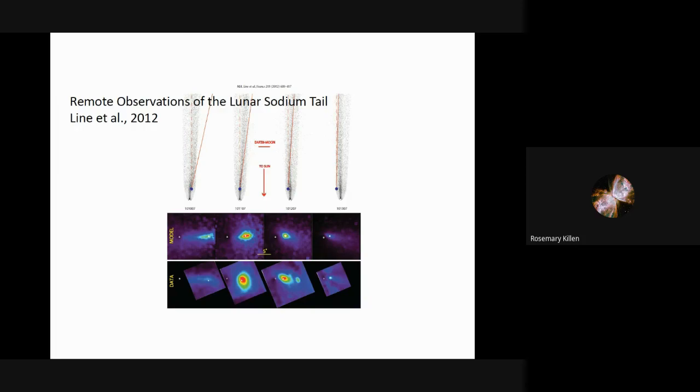So this is a really interesting, serendipitous discovery. So we started out with a serendipitous observation of the sodium emission, and we end with a serendipitous observation of the lunar sodium tail. So next slide.